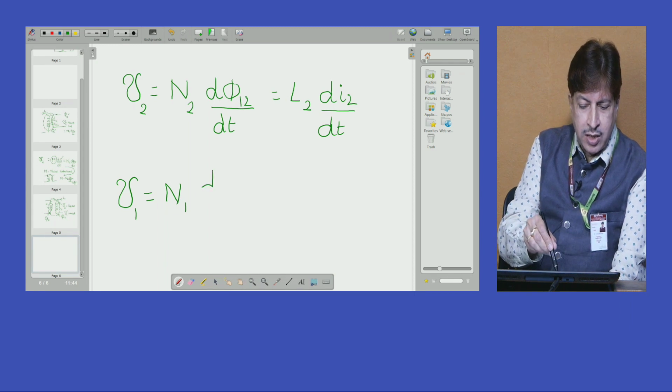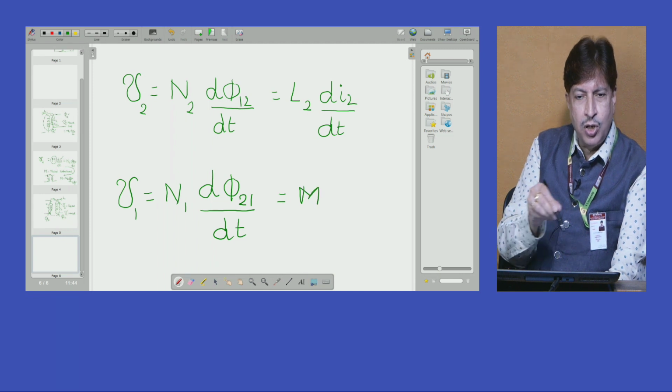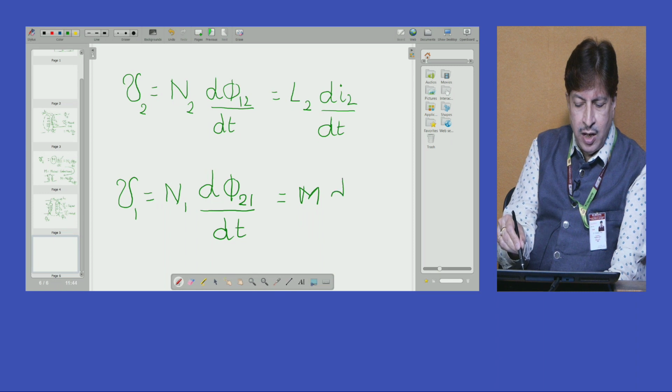It is d phi 2 1 by dt. It can also be expressed in terms of the mutual inductance as M di2 by dt, because the current is passed through coil number 2.